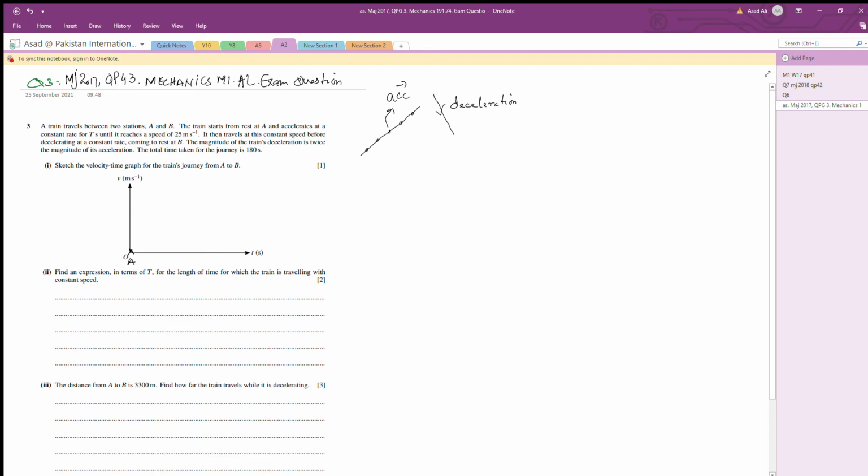Then they say it travels at this constant speed before decelerating at a constant rate.